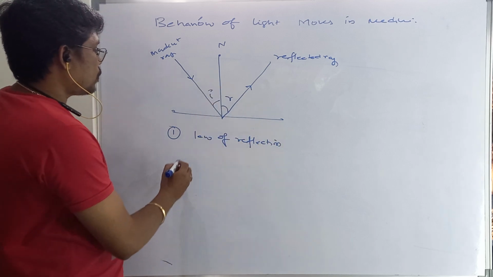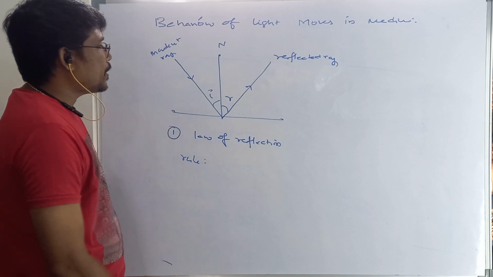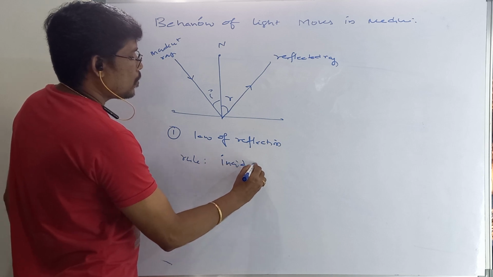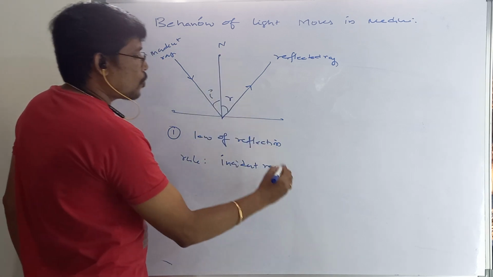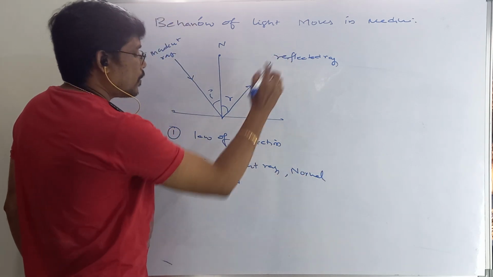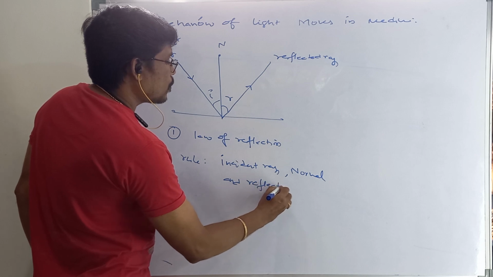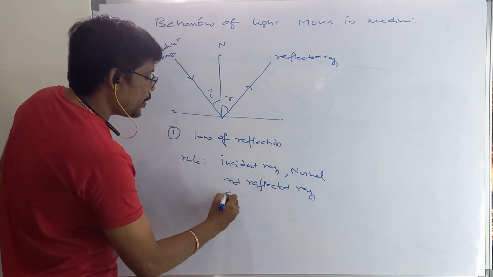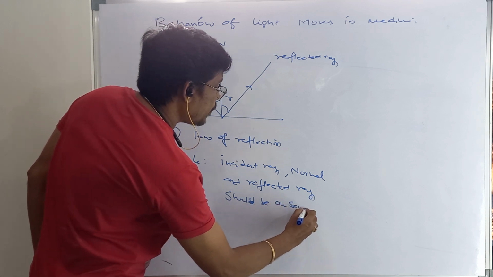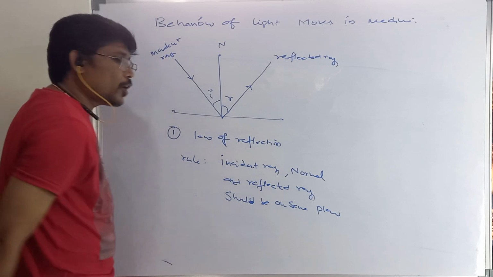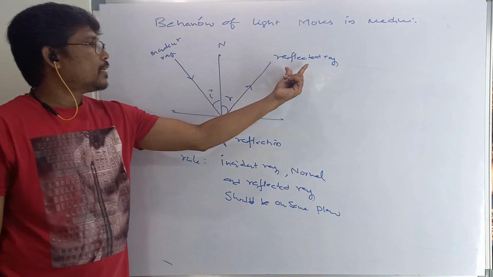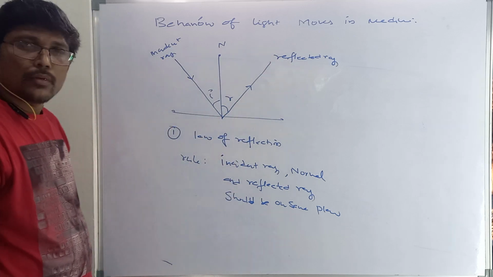In the law of reflection, the first rule is simply that the incident ray, normal and reflected ray should be on the same plane. This is the first rule. See here, the incident ray, normal and the reflected ray should be on the same plane, right?